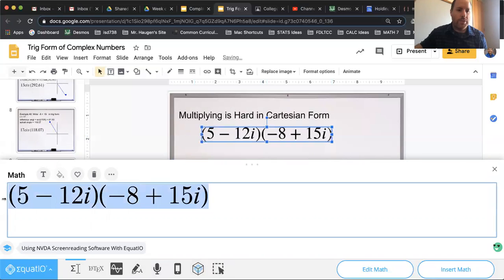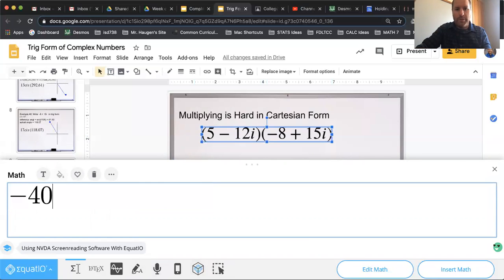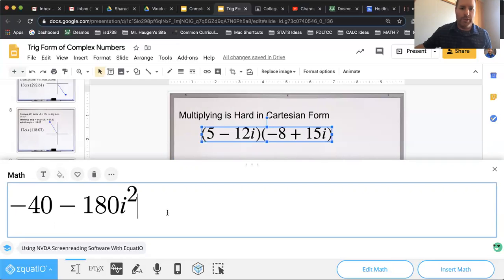Okay. So in here, when we multiply that stuff through, 5 times 8 being -40, and then I suppose we'd also have all the little pieces on here. Let's see, we'd have -12 times 15, so 180 i squared. That's from these two. And then we'd have positive 12 times 8, which is 96i. And then we'd also have our 5 times 15, which is 75i.